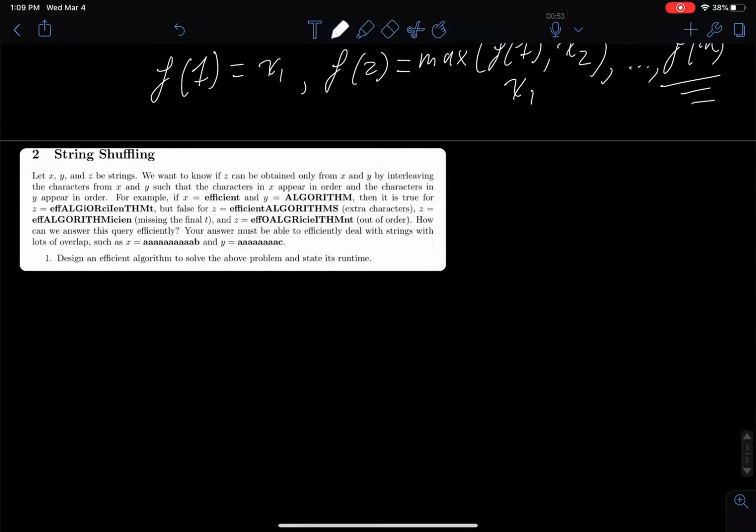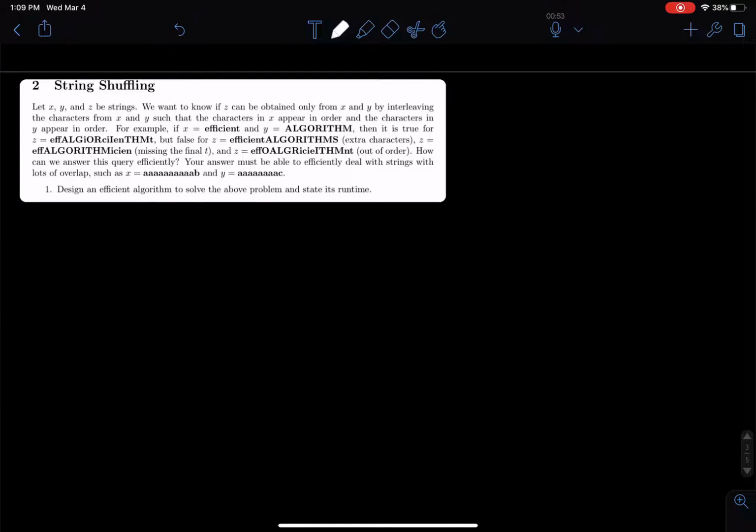Now, we're going to apply this DP thought process again to another problem, string shuffling. Here, we have two input strings, X and Y, both consisting of just some stream of characters.